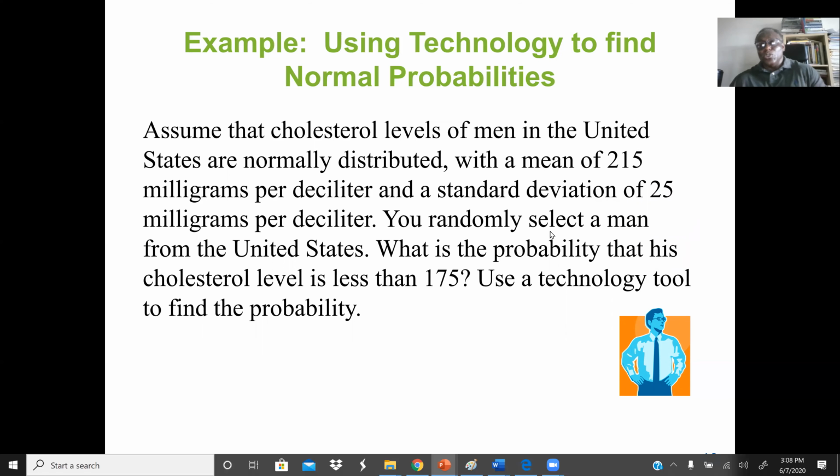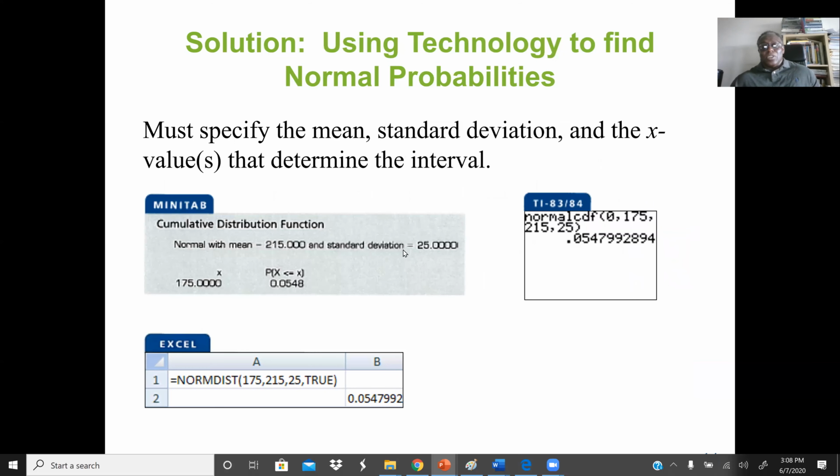Here they say we should use technology to find the probability. With the normal distribution, we can use Excel, which has a function for normal probability. SPSS and R do the same thing. Here, for example, we are using Minitab.